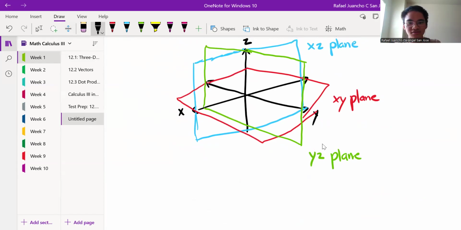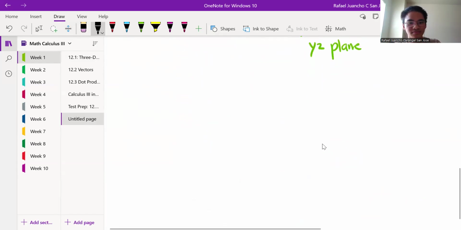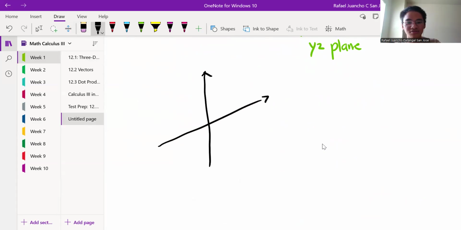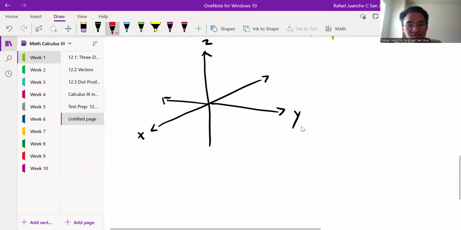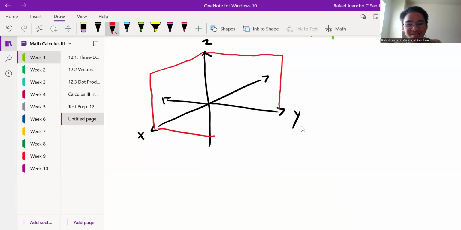Okay, let's draw a cleaner version. So this thing here, we're going to redraw as this X, Z, Y. So this space, you think of it like a room. This space here, oops.